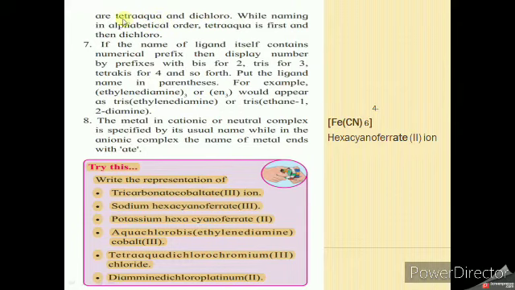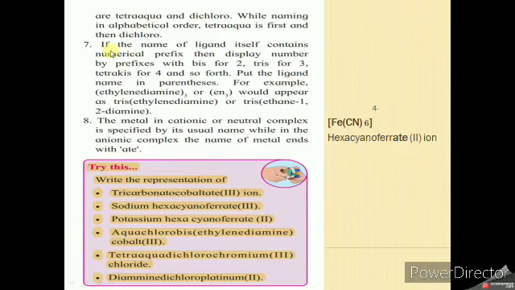So here the T for tetra and D for di are not considered, but the ligand name, A for aqua and C for chloro, is considered, and they are written in alphabetical order. So tetraaqua is first because A is alphabetically before C in dichloro. So in this way you have to arrange them.